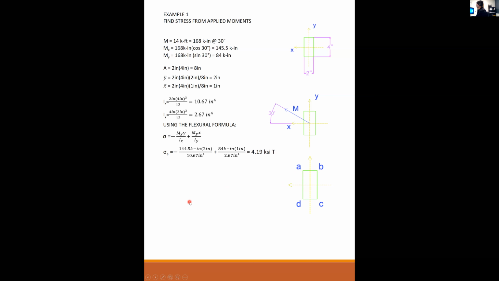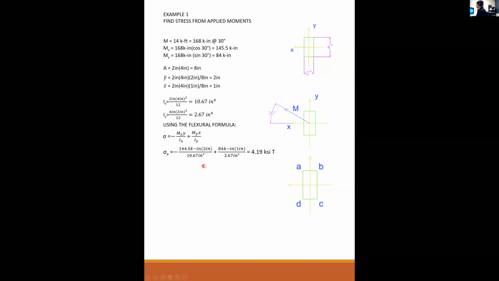Now, somebody had asked me a little while ago, is the top always negative and the bottom always positive? Only under positive bending moment, but that was only uniaxial bending moment. When you have biaxial loading, you have an Mx and an My, all bets are off.